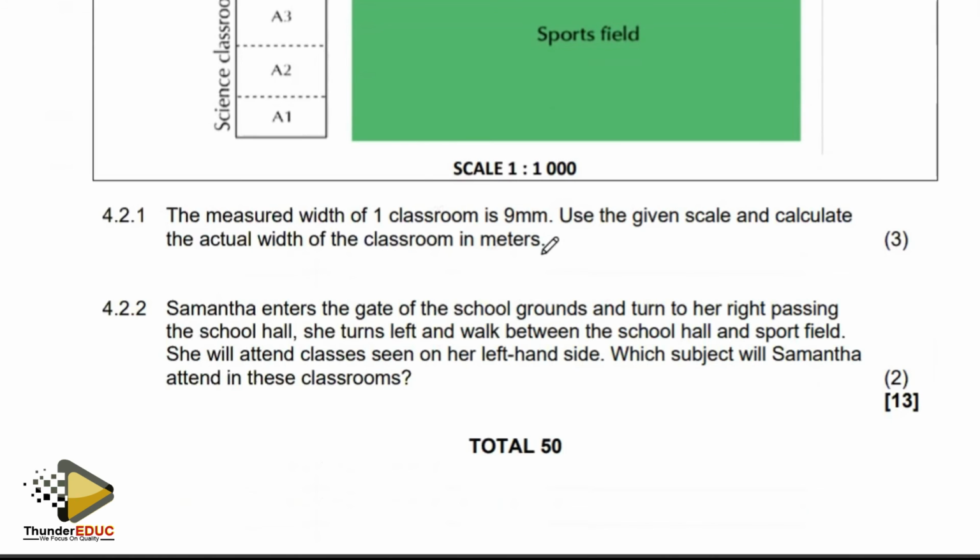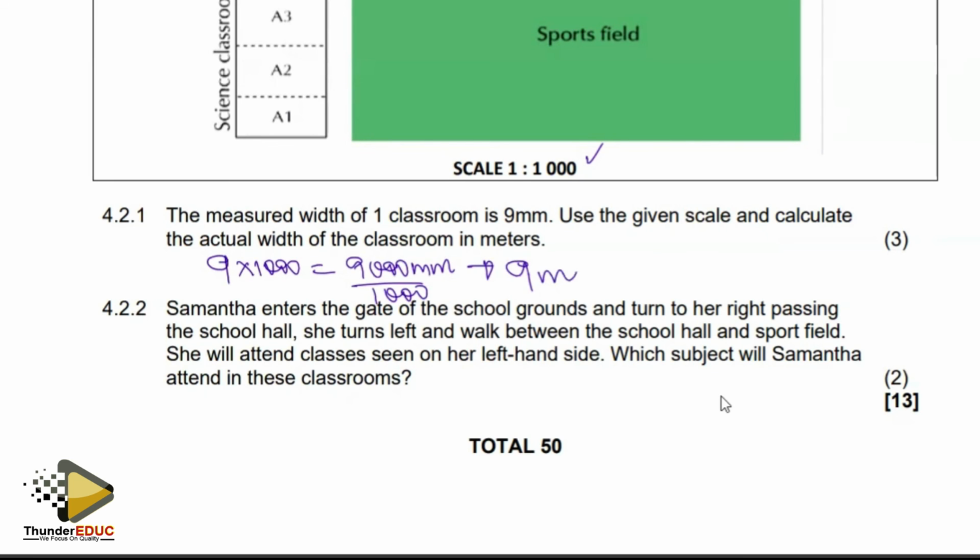Use the given scale to calculate the actual width in meters. So the scale is 1:1,000. That means the 9 is going to be multiplied by 1,000. That means it's 9,000 millimeters in real life. So to get meters we divide by 1,000, and the answer becomes 9 meters. So this is what they want you to do.